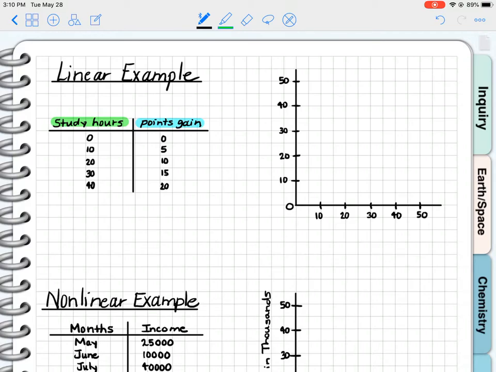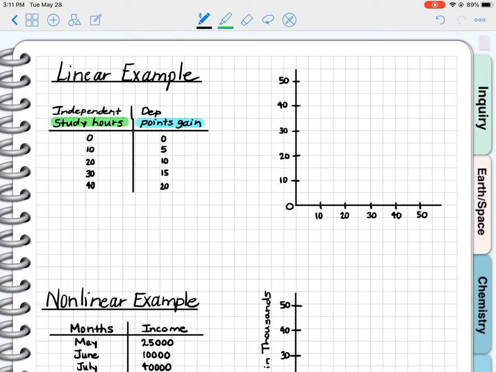So maybe I'm preparing for an exam, and I'm going to decide on how many hours I need to study. And I know that if I increase my study hours, what would you expect to happen to my scores? If the study hours go up, the points will go up.